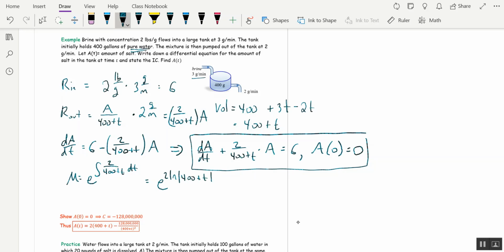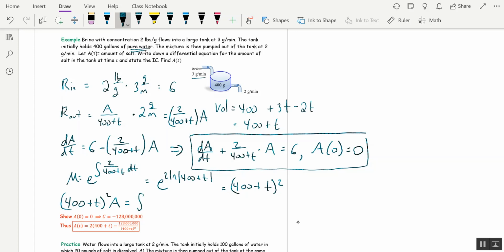Bring that 2 up as an exponent, and that's (400 + t) squared. So our magical step is (400 + t) squared times A equals the integral of mu q.